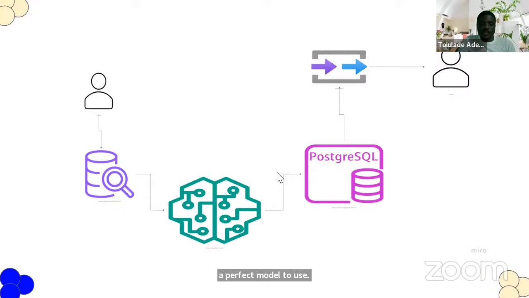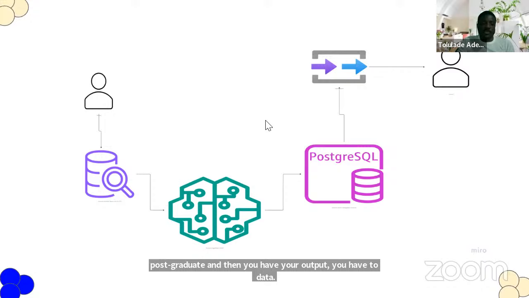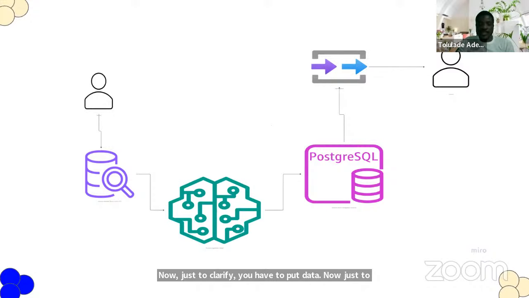And then along the line, you also have your Postgres database there, and then you have your output data. Now, just to clarify, when it comes to productionizing these particular systems, there are different routes you can take, right? This is just a simple architectural diagram to throw more light on this concept of natural language queries into our Postgres database to find our results.